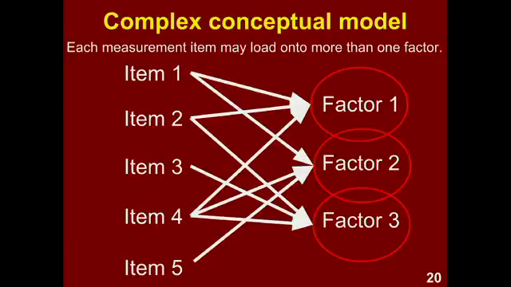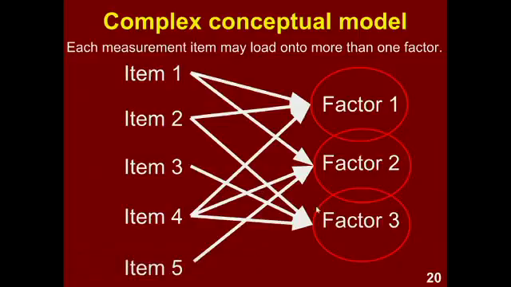But this is what we'd call a complex model. Item 1, well, it's got something to do with factor 1 and it's got something to do with factor 2. It correlates with both factors. Item 2 belongs to factor 1 and factor 3, and so on.